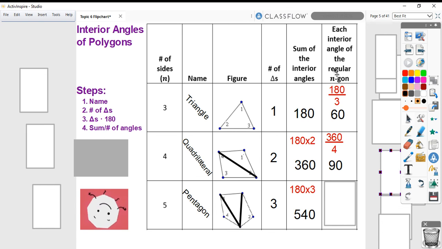We also know that in a regular version, that's our key word right here, regular, it's going to have exactly the same angles all the way around. So we take that 540 and divide by 5, and that's where this number comes from, 108 degrees in each one. That is the end of the notes for our first section about polygons.